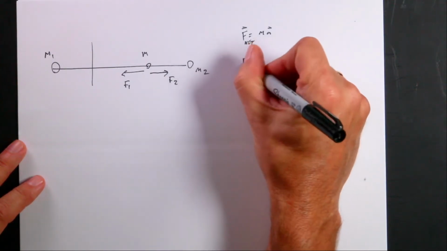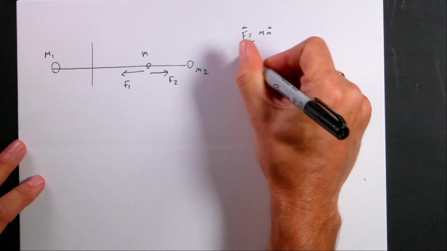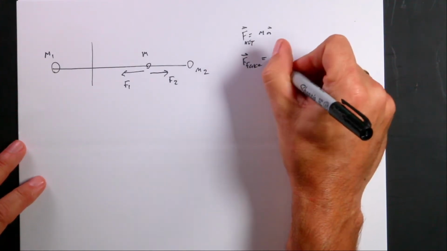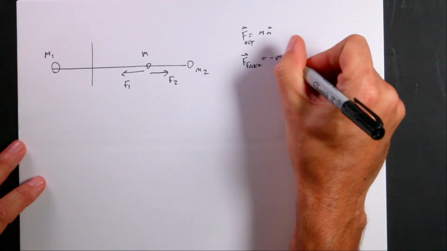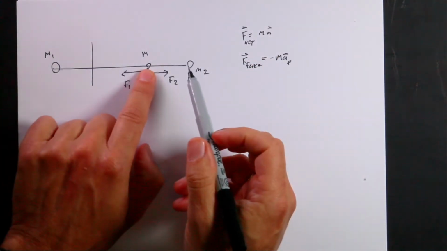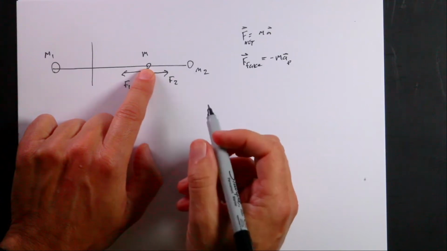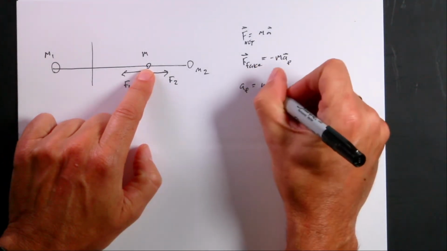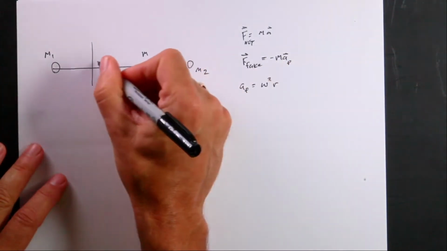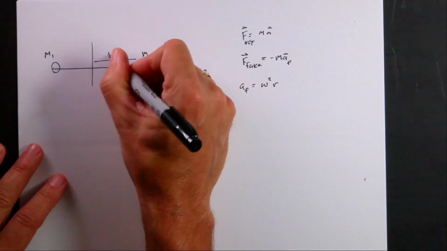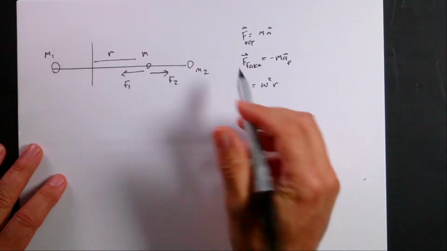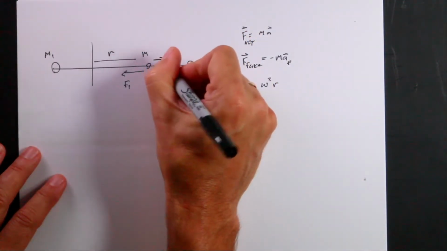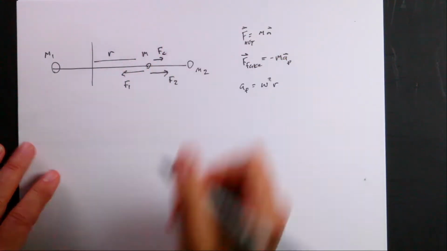So I'll have F fake equal to negative m a frame, where a frame is the acceleration of the reference frame. In this case, the reference frame is going to have a centripetal acceleration, a frame, of omega squared r. Let's call that the r direction. That means it would have an acceleration this way, so there'd be a centrifugal force pointing that way.